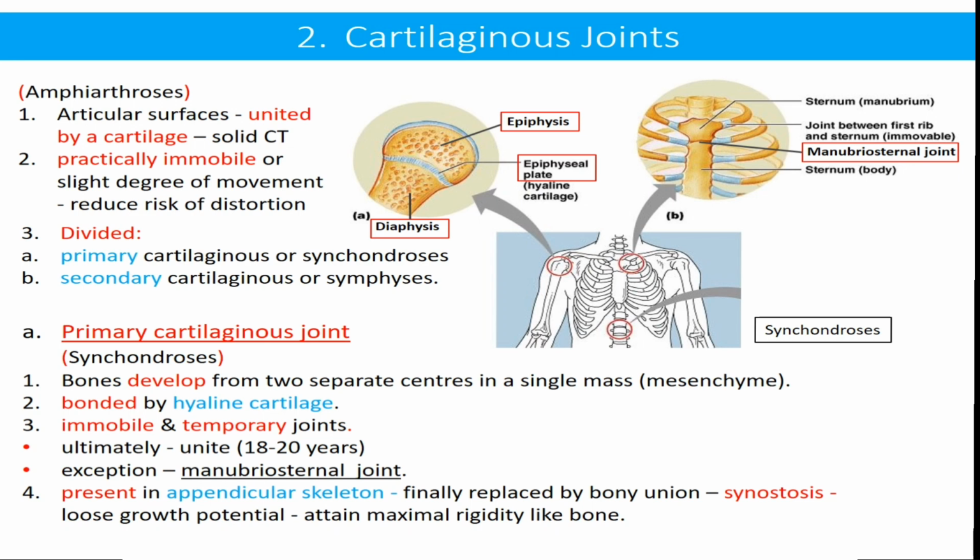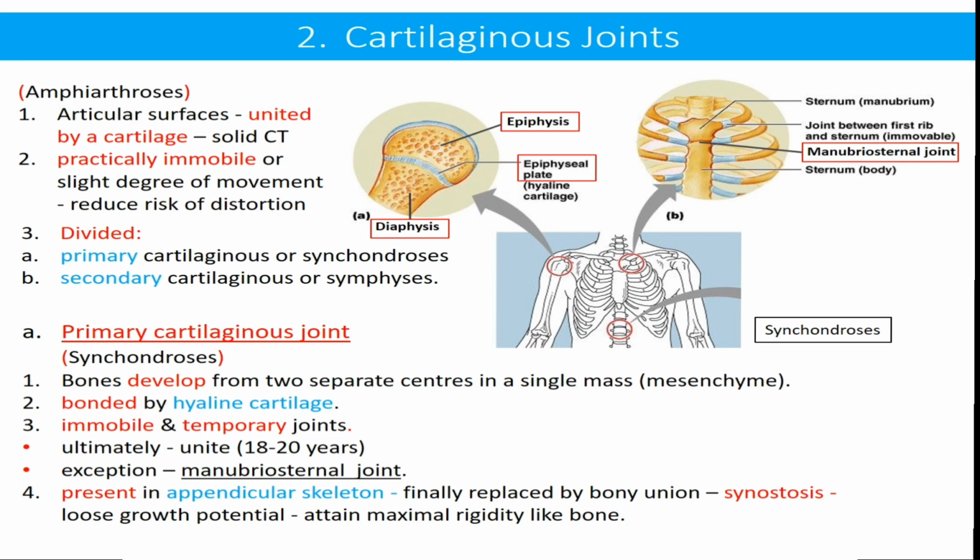They are bonded by hyaline cartilage or epiphyseal plate. These joints are practically immobile and temporary joints. These joints ultimately unite roughly at the age of 18 to 20, exception being manubriosternal joints.